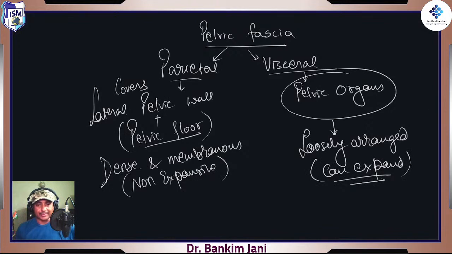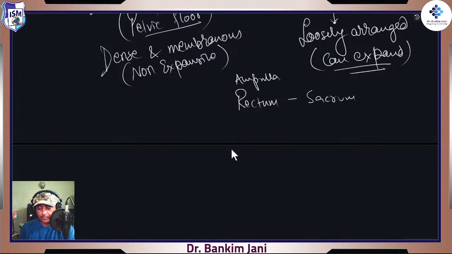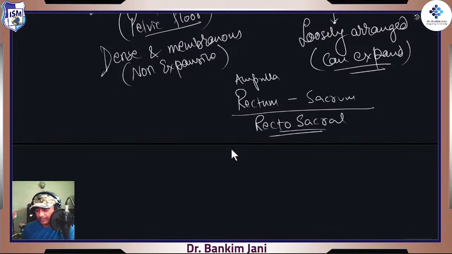Now there is some exception. This is usually non-expansible, but say in the ampulla of rectum, if you remember, ampulla of rectum to sacrum, the ampulla was the dilated portion, so we called that the rectosacral ligament.